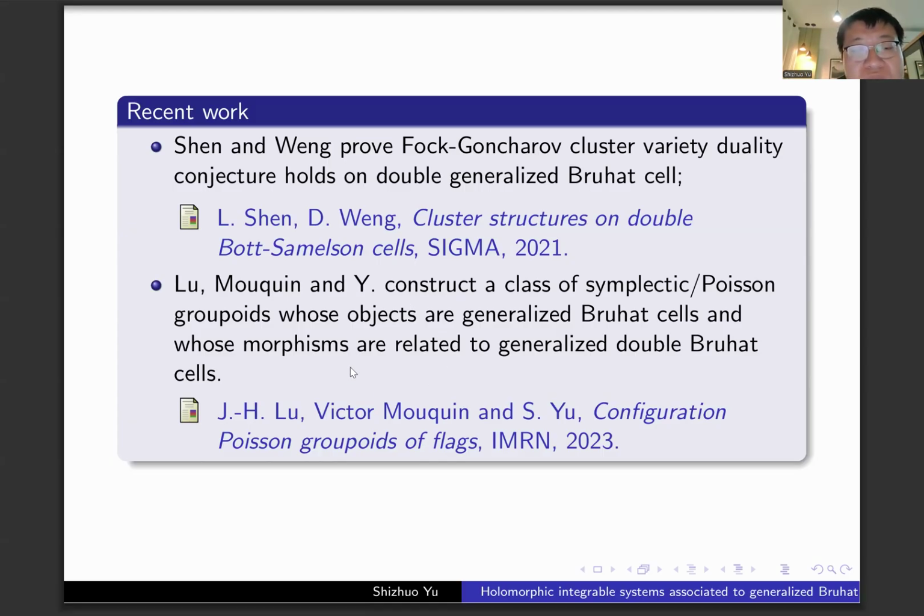And recently, Jianhua Lu, Victor Mouquin, and I also constructed a class of symplectic groupoids, whose objects are the generalized Bruhat cells, and whose morphisms are also related to the generalized double Bruhat cells.